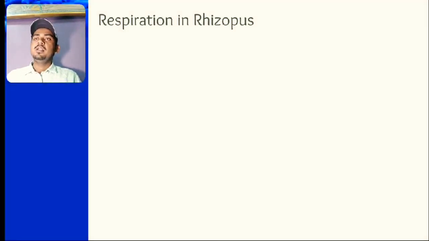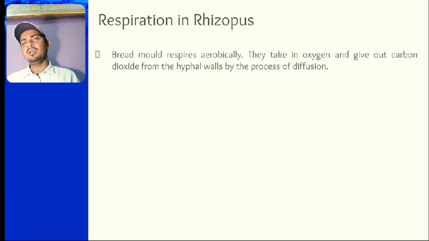Okay. Now, respiration. Let's see a few facts about respiration. It is very simple because the structure is not so big and complicated, so respiration is very easy here. Bread molds respire aerobically. Aerobically means in presence of air, in abundance of air.